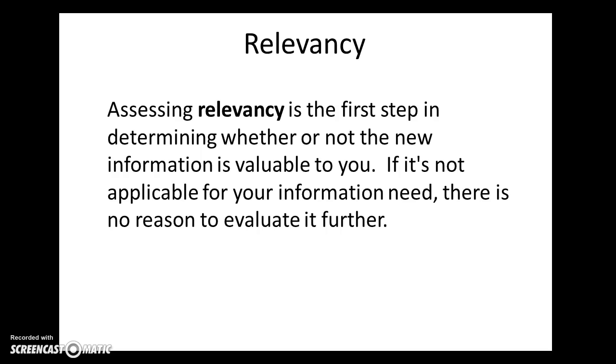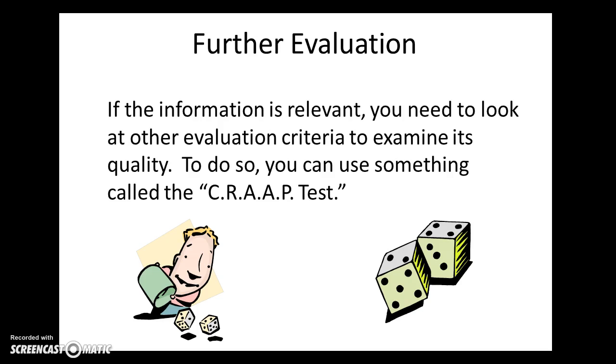Assessing relevancy is the first step in determining whether or not the information is valuable to you. If it's not applicable for your information need, there's no need to further evaluate it. If the information is relevant, you need to look at other evaluation criteria to examine its quality.